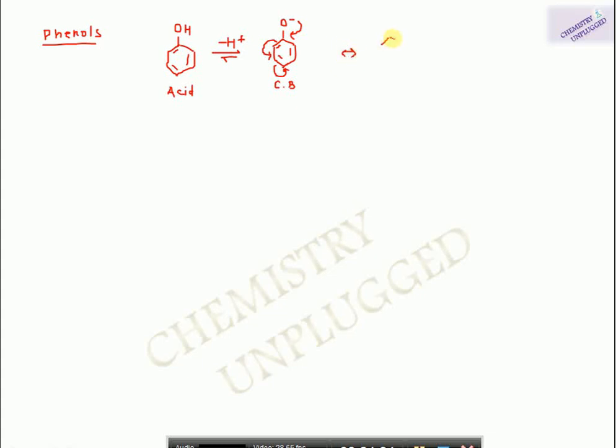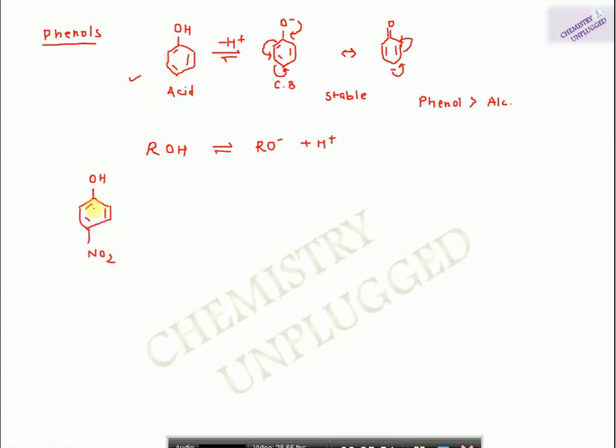So phenols are good acids in nature. If we compare it with aliphatic alcohols, ROH, there is formation of RO minus as a conjugate base, and its negative charge is not delocalized or conjugated, so it is less stable as compared to phenoxides. So phenols are better acids as compared to alcohols.